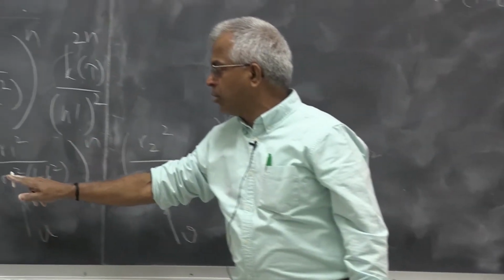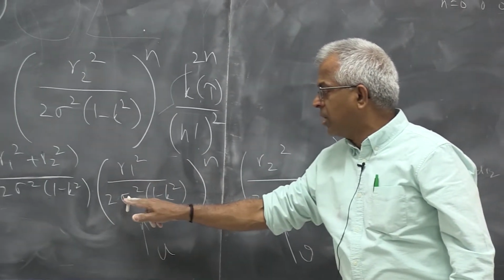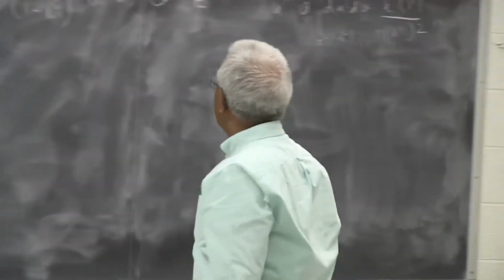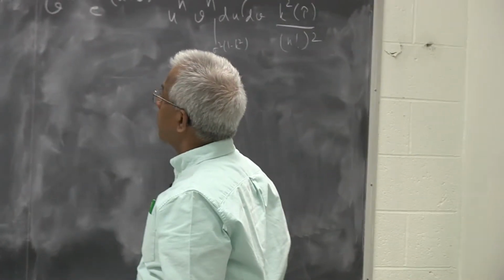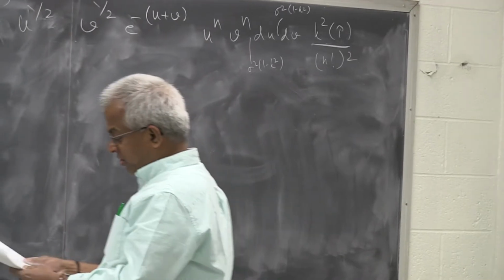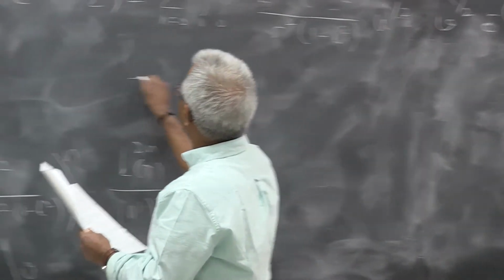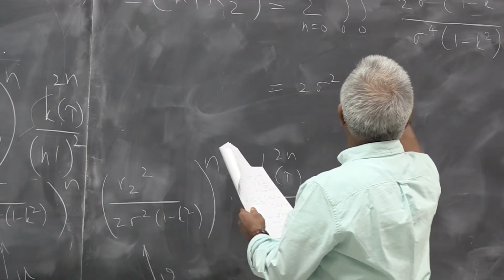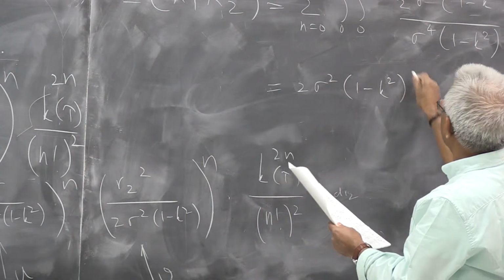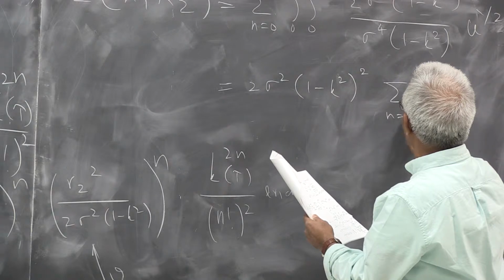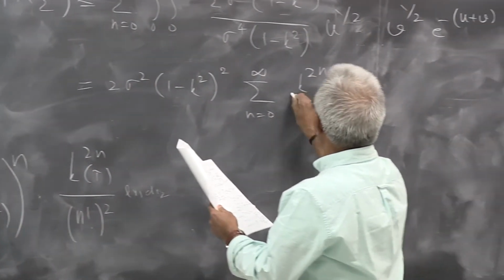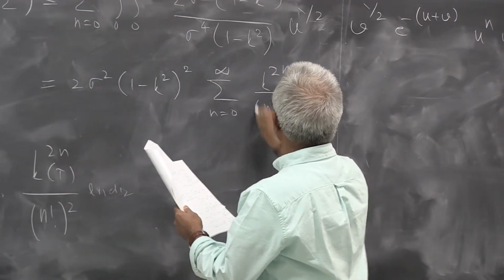R1 dr1 is going to be, 2 cancels, sigma squared multiplied by 1 minus k squared du, etc. So if you simplify, I'll write down the next simplified line. So this is 2 sigma squared 1 minus k squared, the whole squared, summation n equal to 0 through infinity, k to the power 2n over n factorial squared.